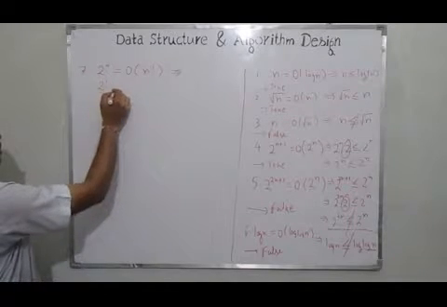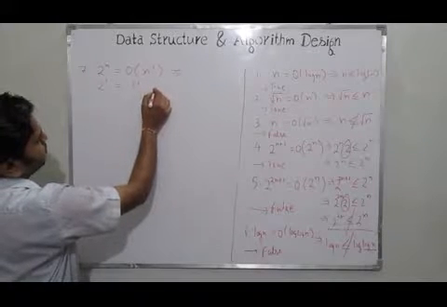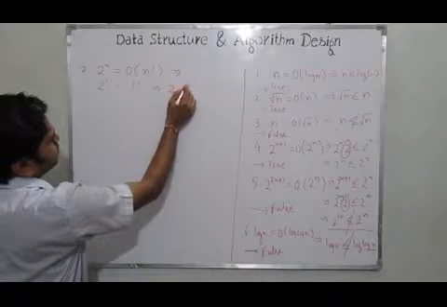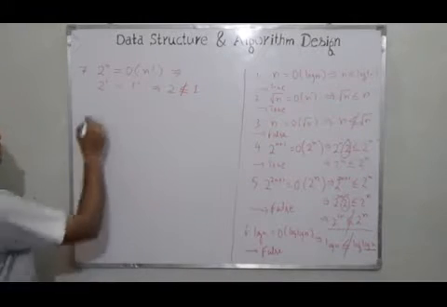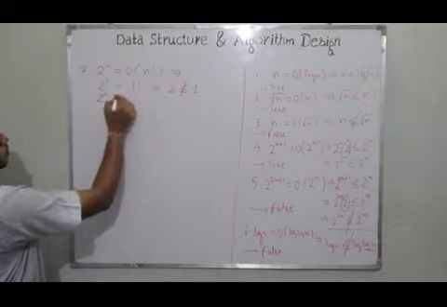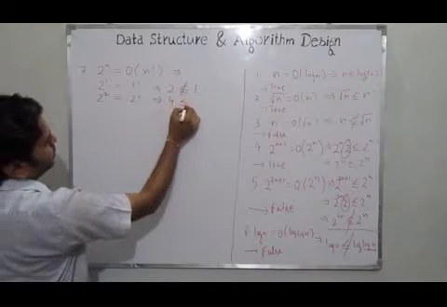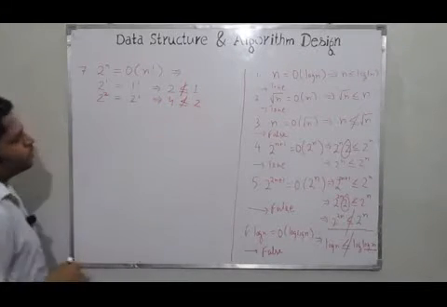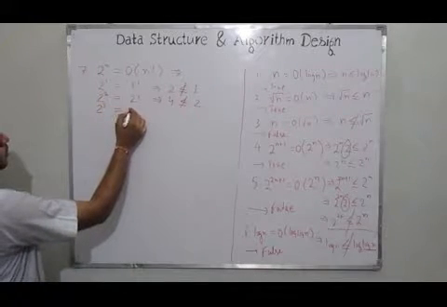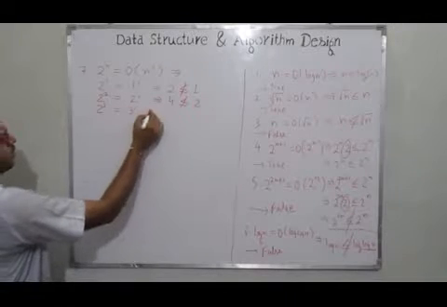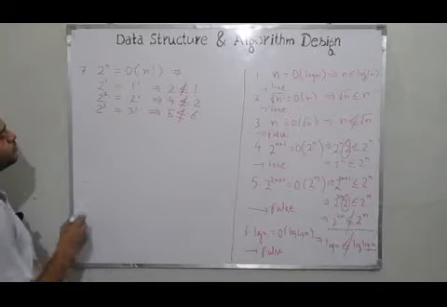If we consider n equal to 1 and 1 factorial, it comes out to be 2, which is not less than or equal to 1. If we take 2 raised to power 2, it would be 4, which is still not less than or equal to 2. If we take 2 raised to power 3, then again it is not true.